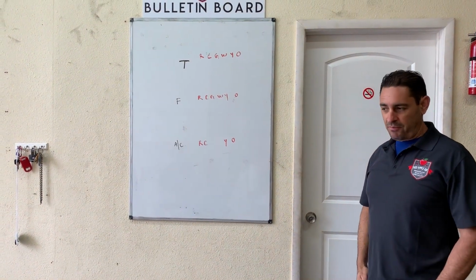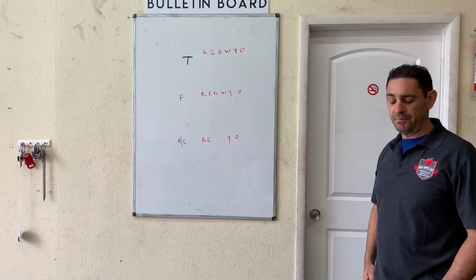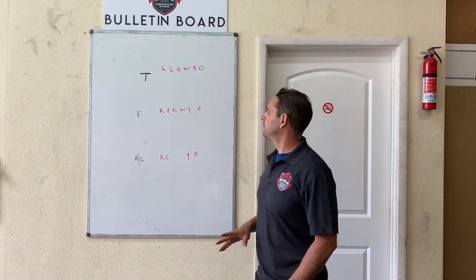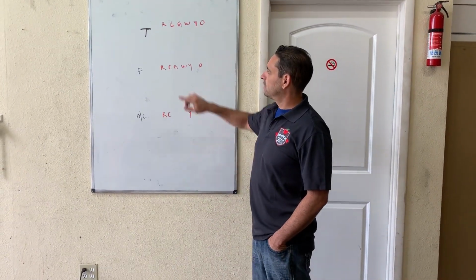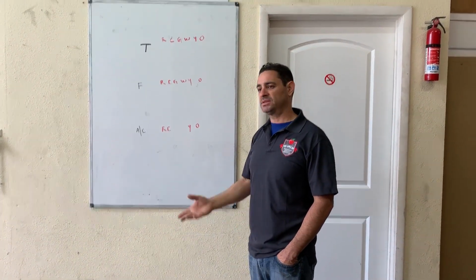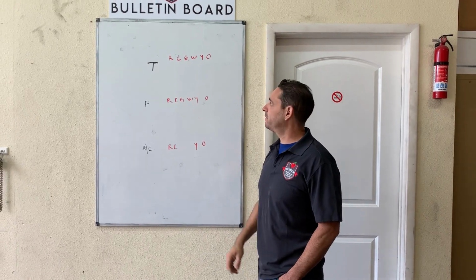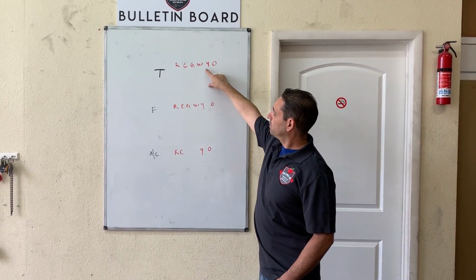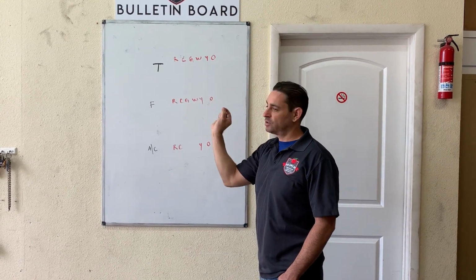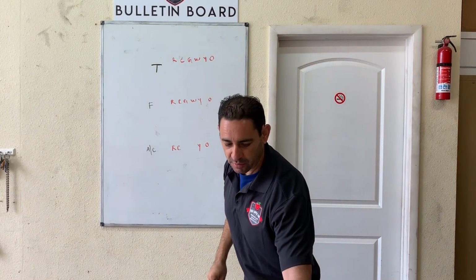Okay, guys, here's the way air conditioning works. T is for thermostat. You have a thermostat on your wall. You get hot or you get cold, you go to it, you turn it on, right? When you turn on your thermostat, every time you switch those little buttons, it sends power.